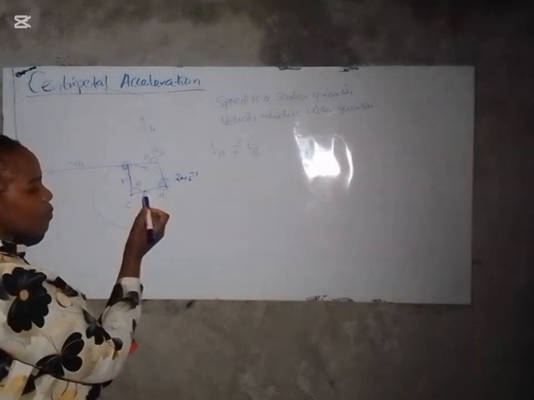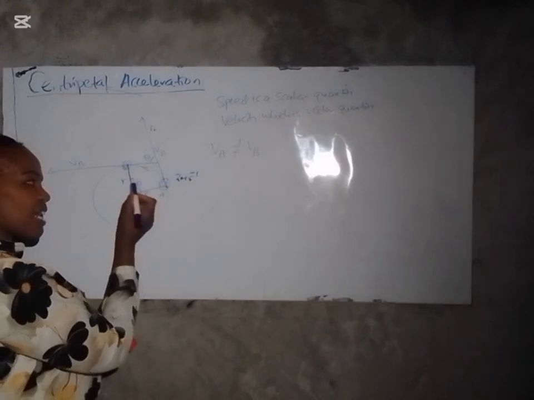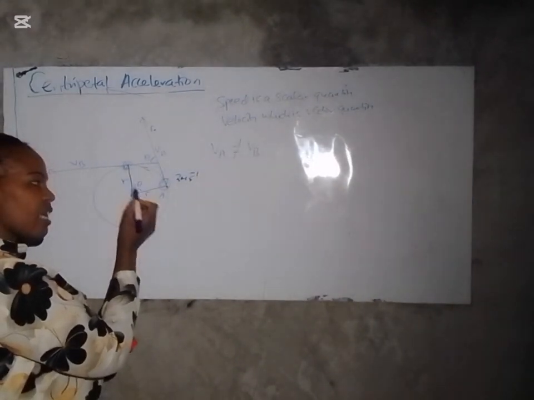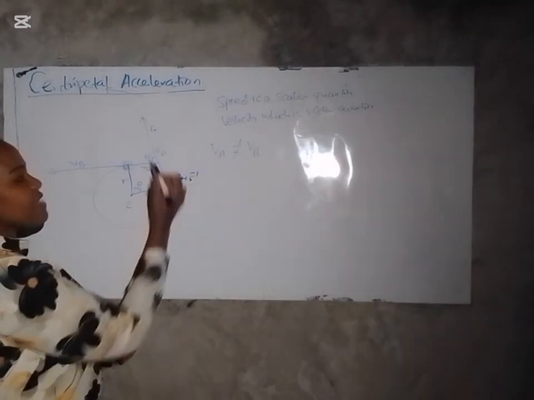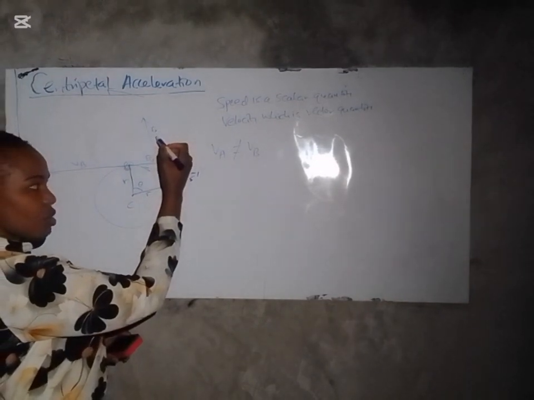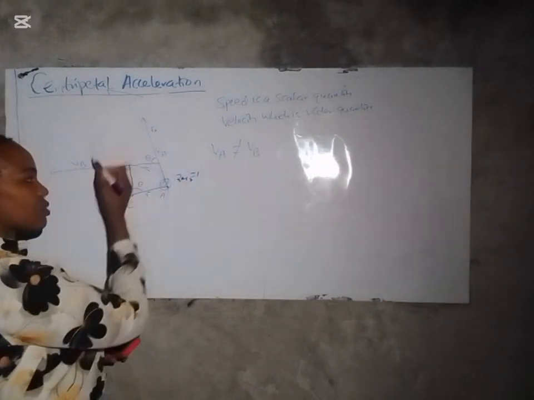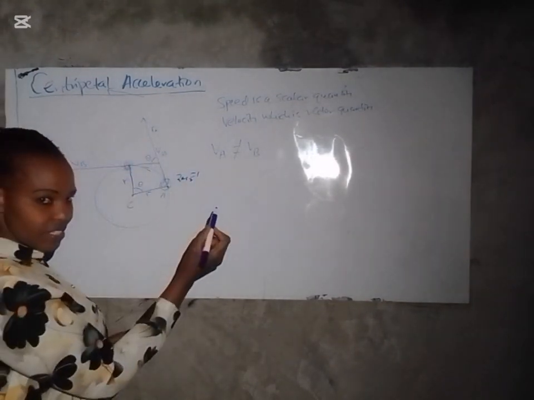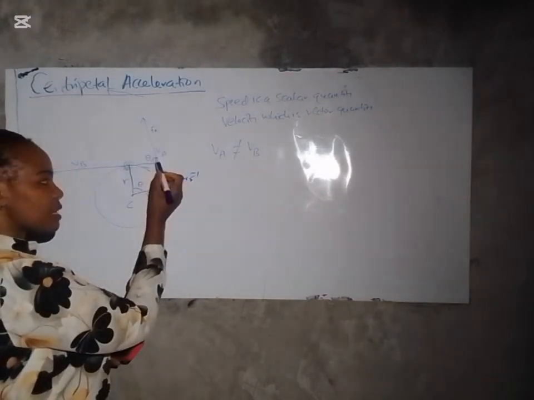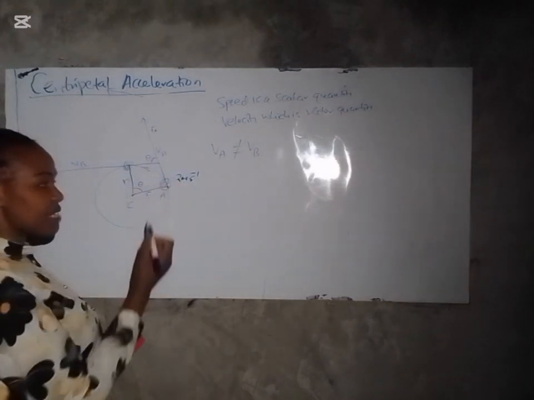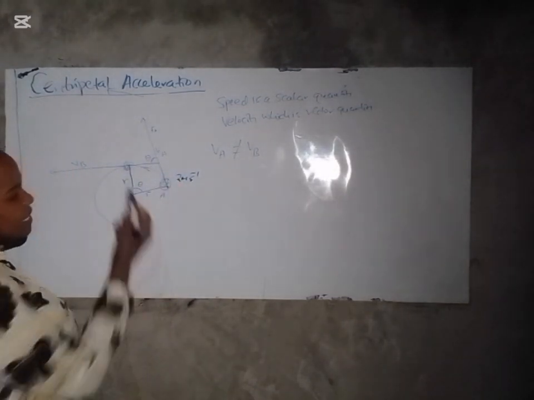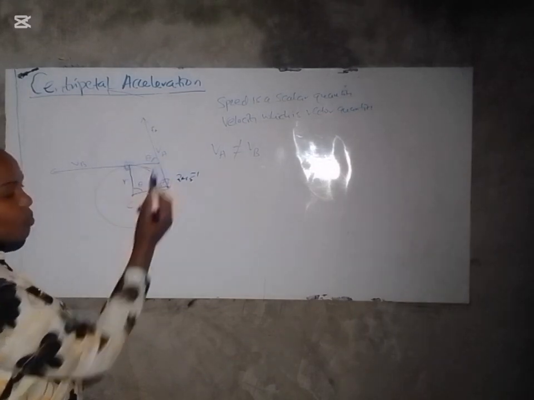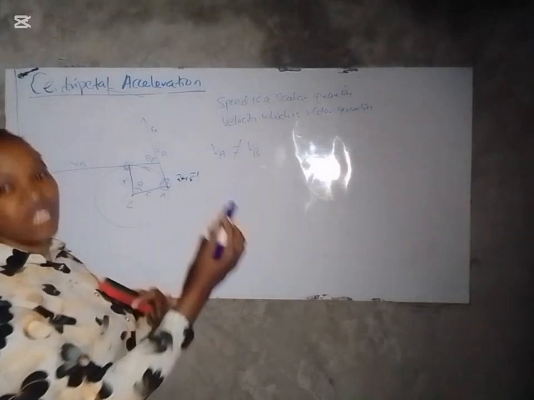So if from one radius to the other you have moved an angle of theta, clockwise or anti-clockwise, then to move from the normal of the first radius to the normal of the second radius, you'll have to move the same angle theta. That's very important to note, that the angle between this normal and this normal is also theta.